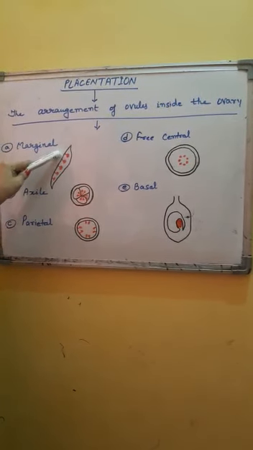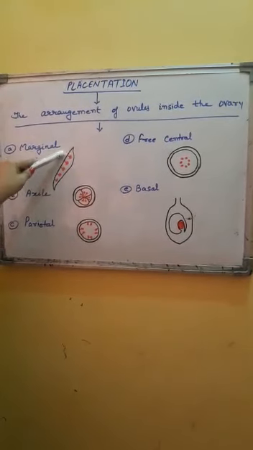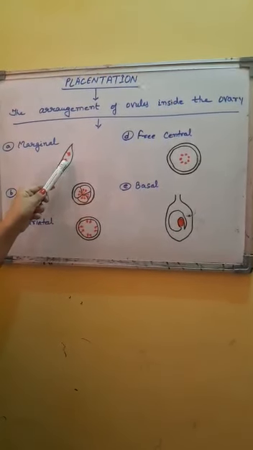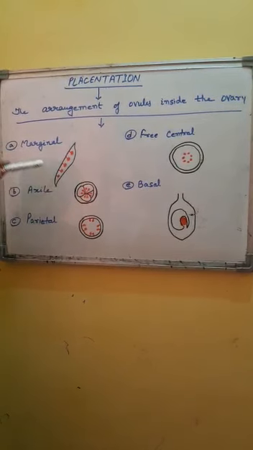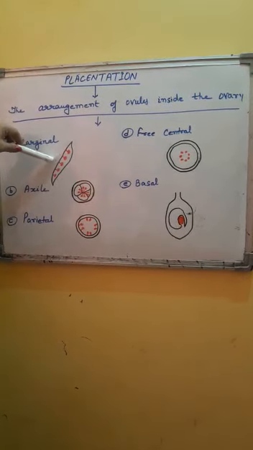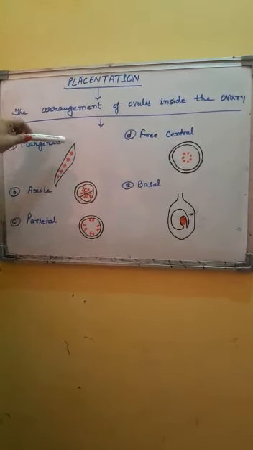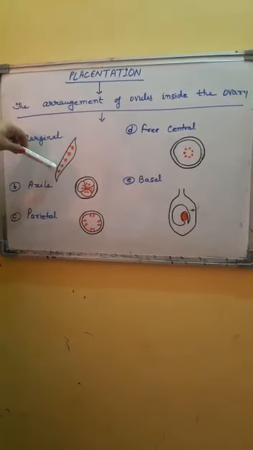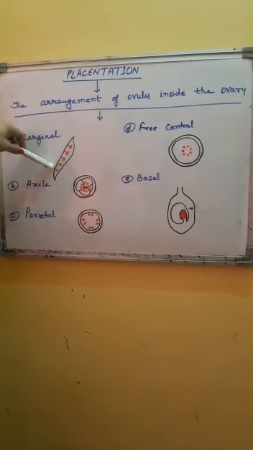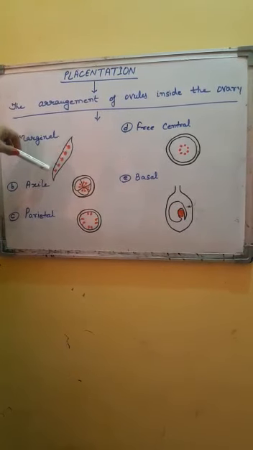On this ridge the ovules are born. This is the placenta present at the margin of the ovary, and it bears ovules. These ovules may be in a single row or in 2 rows.